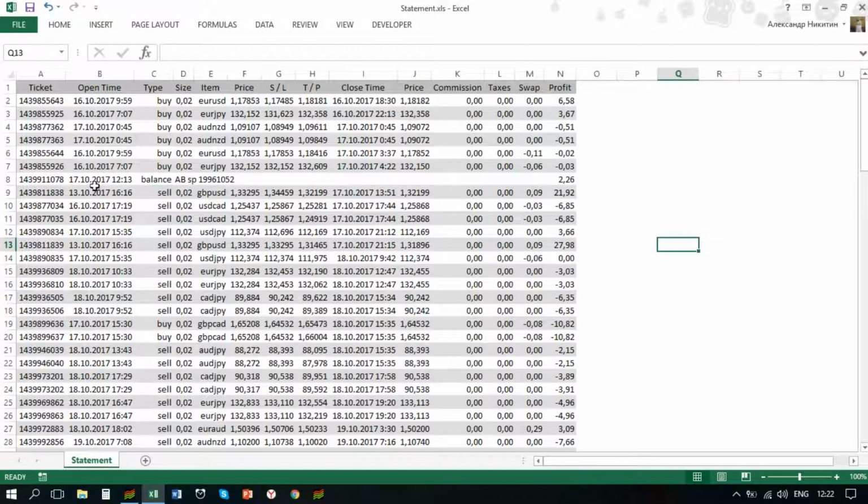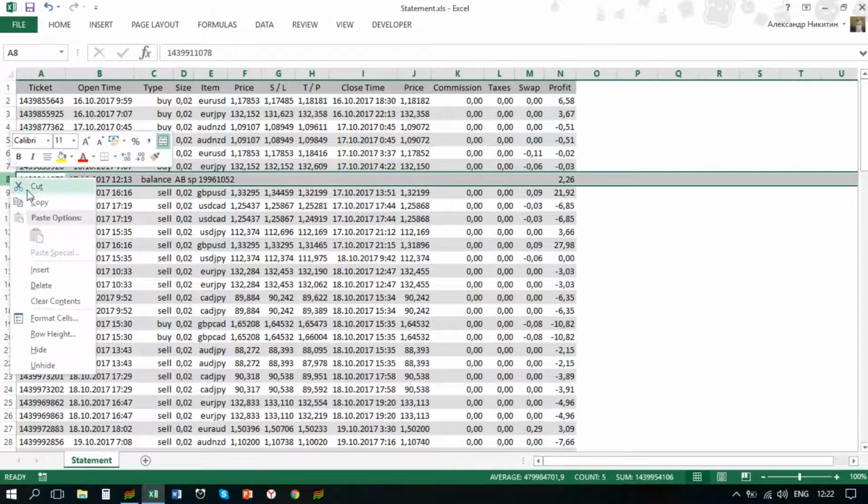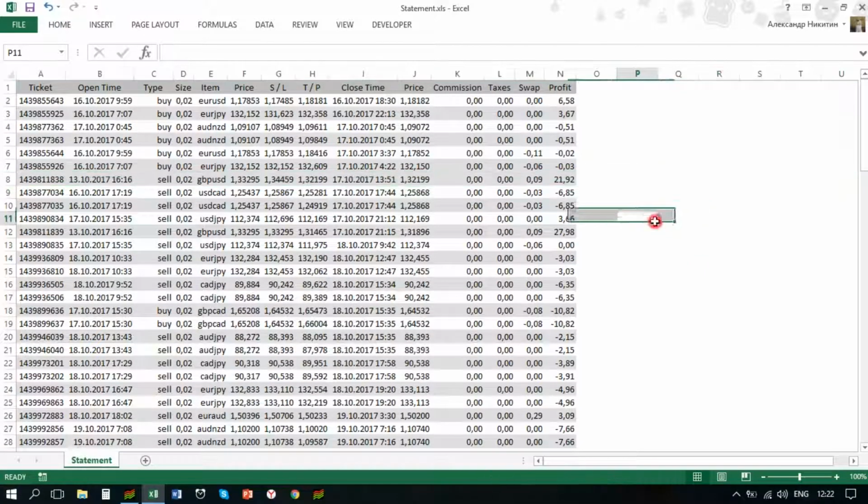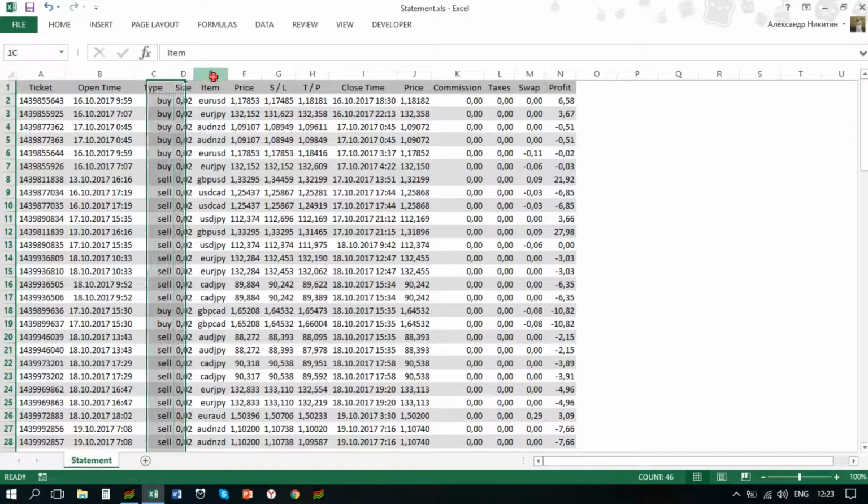Okay, if you do your backtesting, what data do you need? You need this. First of all, you need the type of your position. It should be buy or sell. Then you need your asset. It should be euro dollar, euro yen, whatever. It is called item here, but it is asset actually, your pair. So the type, pair. Then you need open price.